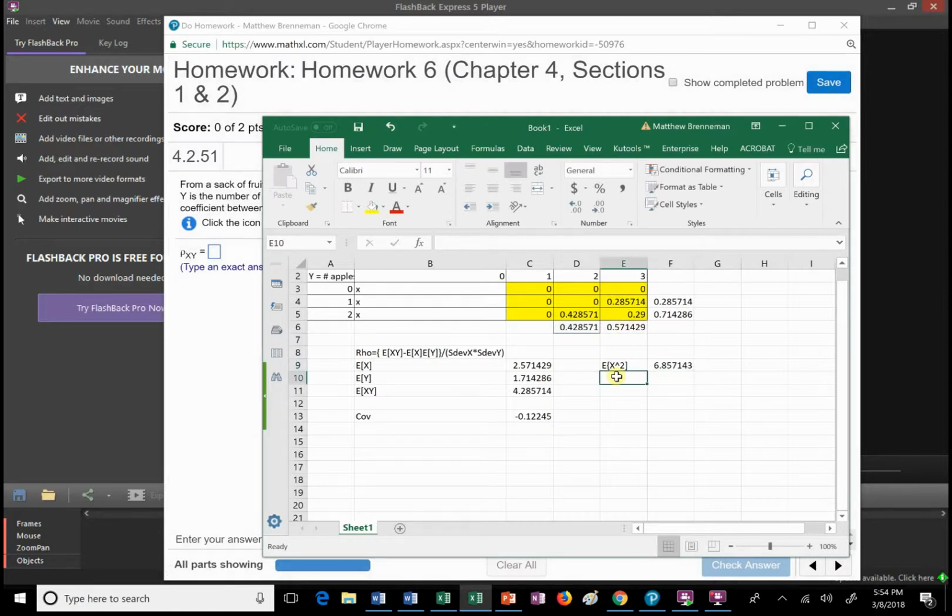The expected value of y squared is going to be equal to, well, this is 1 and 2, right? So 1 squared is 1, so it's just this plus 4 times this. Okay, and now I can go ahead and calculate standard deviation of x and y.